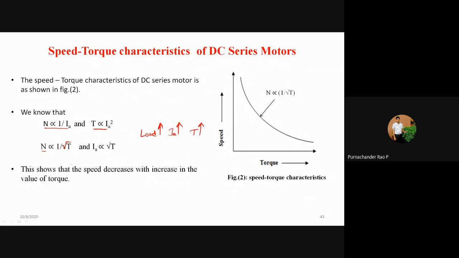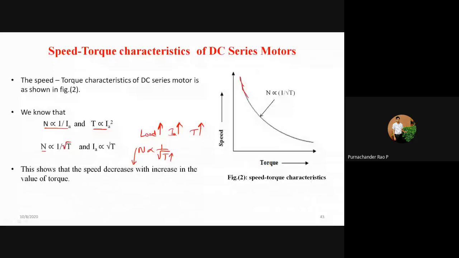So as per this relation, N is proportional to 1 by under root of T. As T is increasing, your speed gets reduced. It is inversely proportional, and as the torque increases, your speed gets reduced.